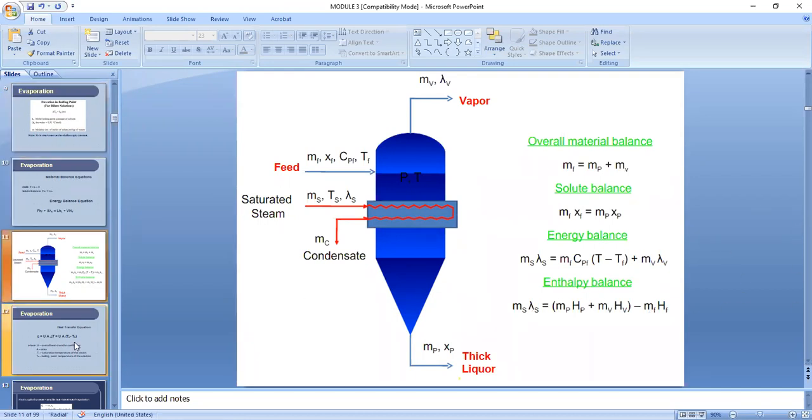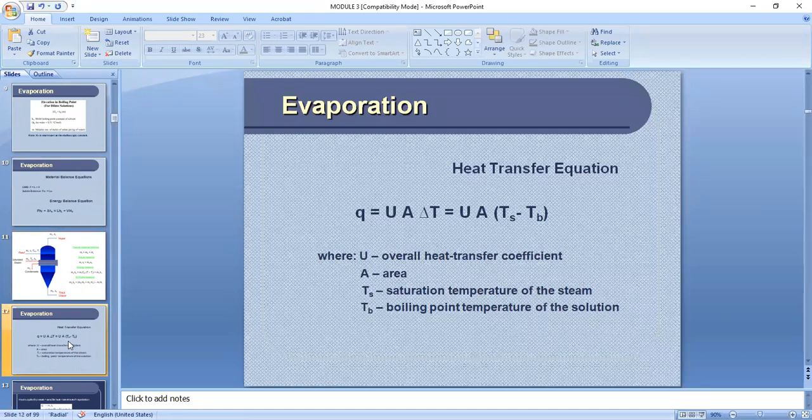Now, we'll continue here. The amount of heat that is transferred to the feed is equal to UA delta T, or UA times the difference between T sub S minus T sub B. You know that U is the overall heat transfer coefficient, and A is the total area of the tubes in the calandria of your evaporator, T sub S is the saturation temperature of the steam, and T sub B is the boiling point temperature of the solution.